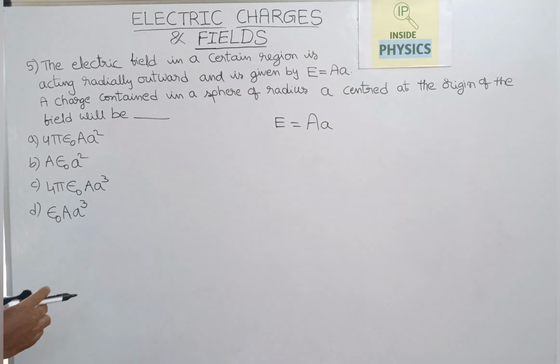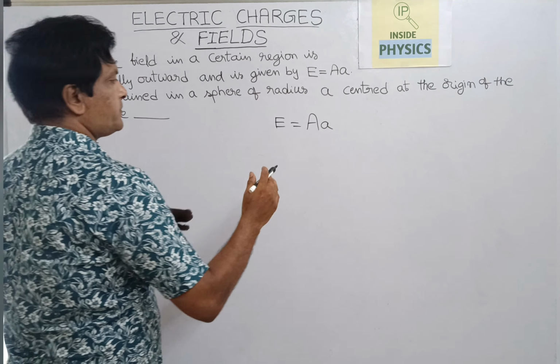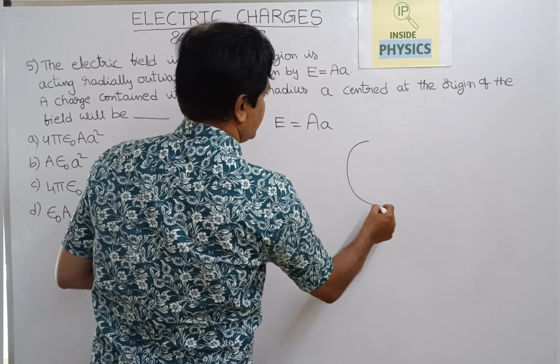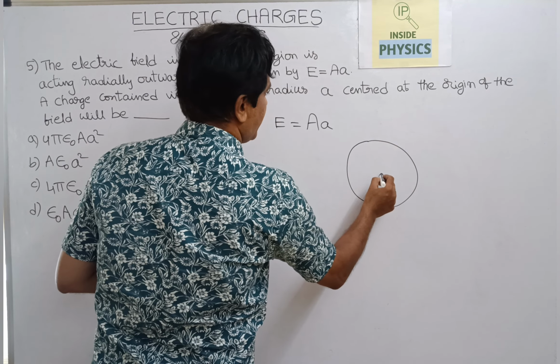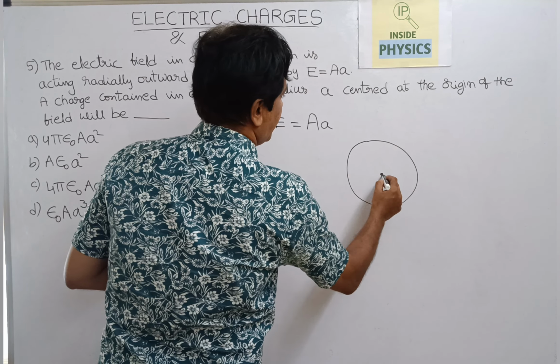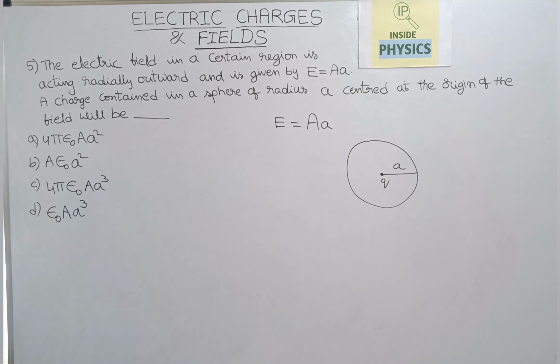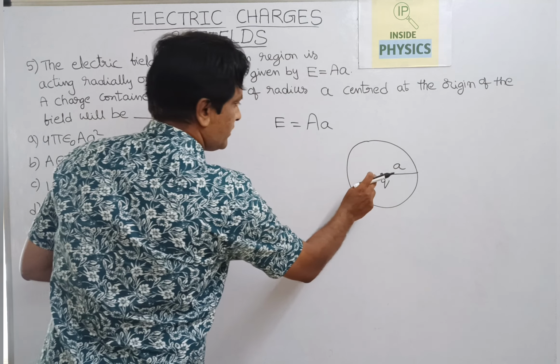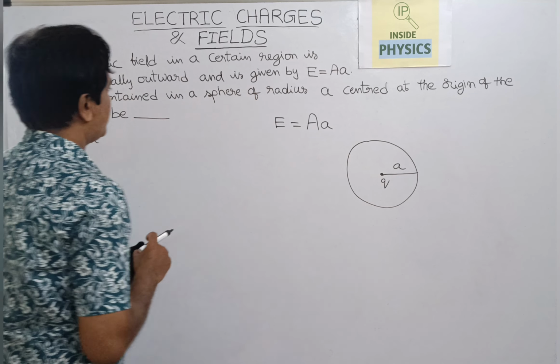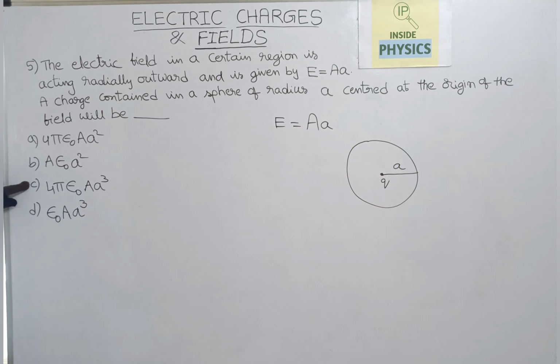Take the sphere which has a charge at its center and a radius small a, that is the data. He is asking what is the value of the charge, and the options are A, B, C, D.